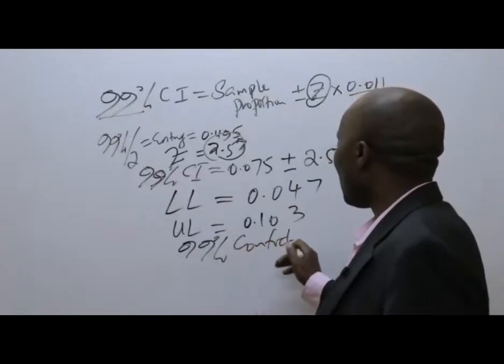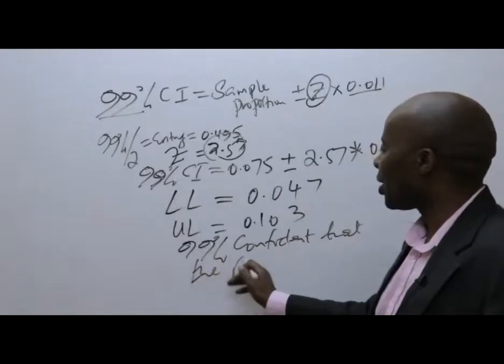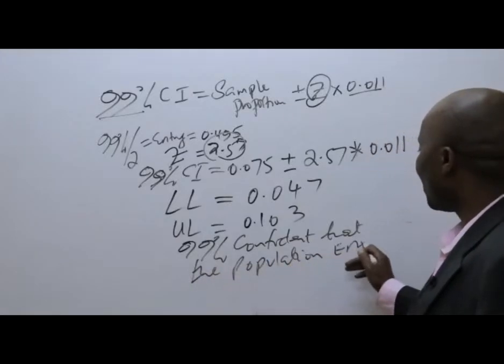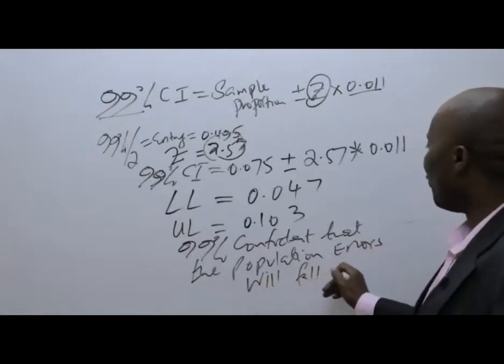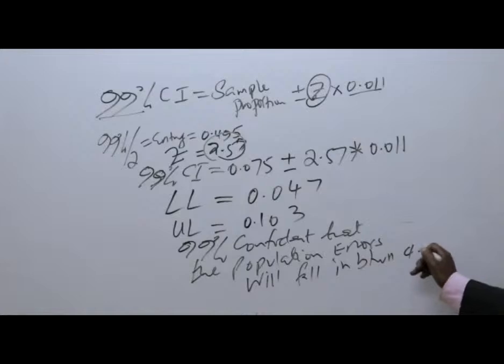So meaning that we are 99% confident that the population errors will fall in between 4.7% to 10.3%.